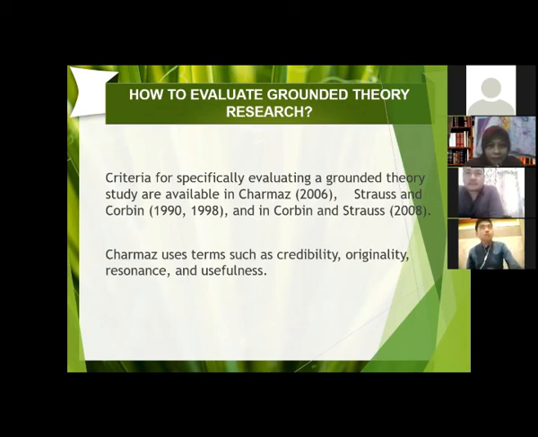Criteria for specifically evaluating a grounded theory study are available in Charmaz 2006, Strauss and Corbin 1990, 1998, and in Corbin and Strauss 2008. Charmaz uses terms such as credibility, originality, resonance, and usefulness.